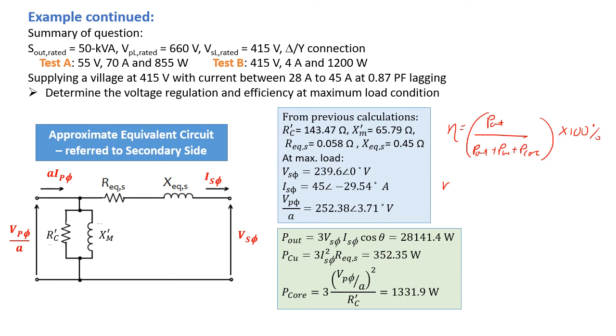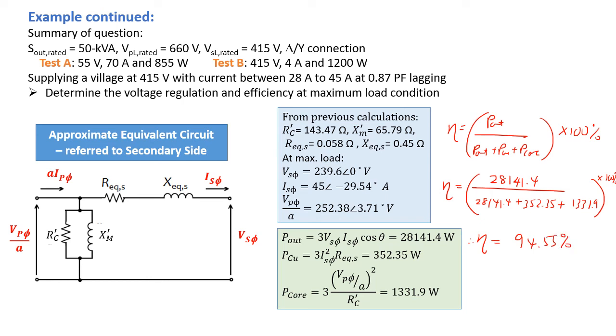So substituting the values for P out, 28141.4, PCU 352.35, and P core 1331.9. So we get finally an efficiency of 94.55%.